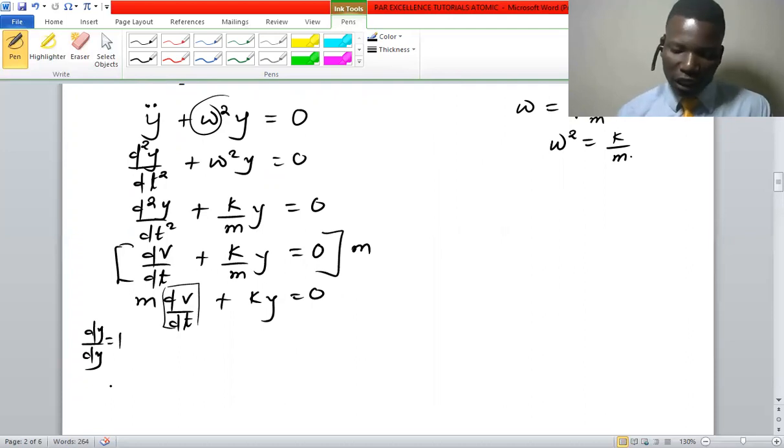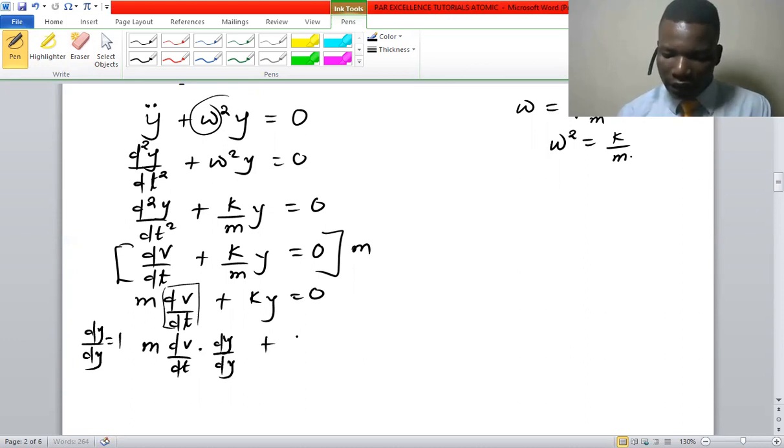We haven't changed anything, we're just playing with this equation. So we're going to have m dv dt multiplying by dy, plus ky equal to 0.